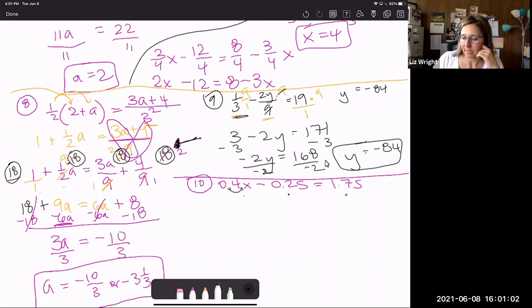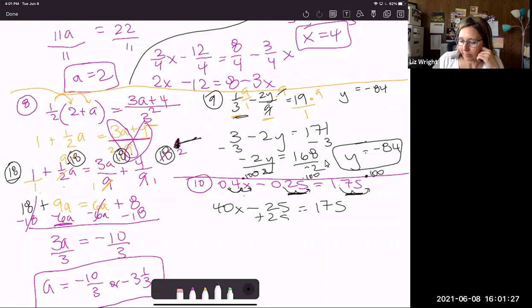So instead, let's look at how many, we've got 2 decimal places here and 2 here. So that would mean if I multiply this by 100 and this by 100 and this by 100, that's going to get me 40x here minus 25 equals 175.